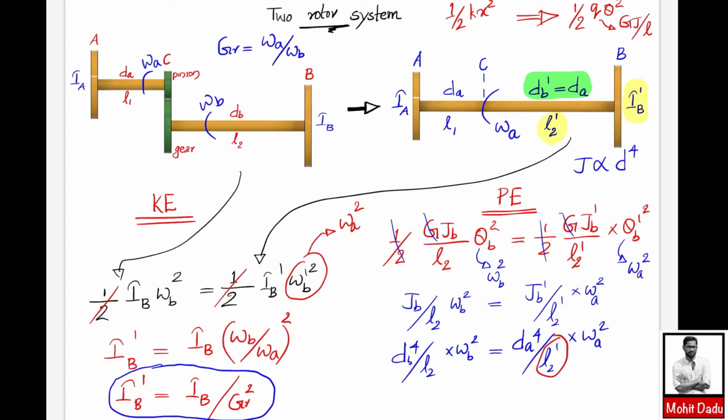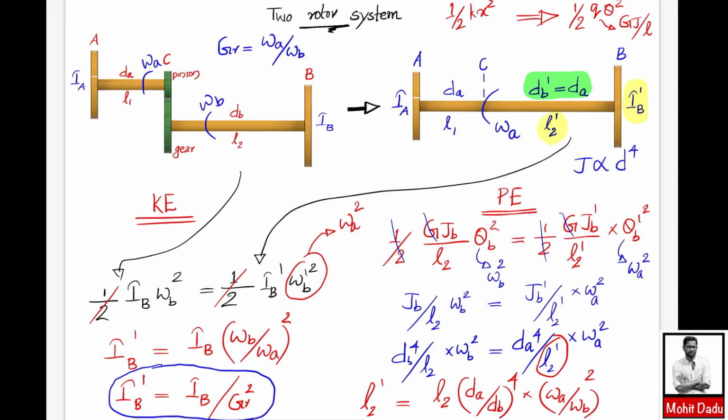So here you have to evaluate this L2 dash. So you can rearrange or rewrite for L2 dash on the left side. Then the remaining terms will be becoming L2 into d_A divided by d_B the whole raised to 4 into omega_A divided by omega_B the whole square. So this omega_A by omega_B, you can call it as gear ratio.